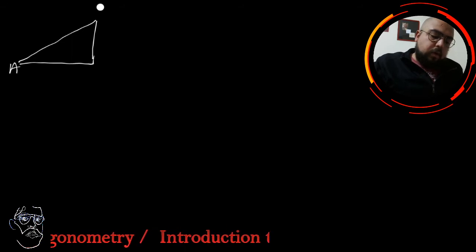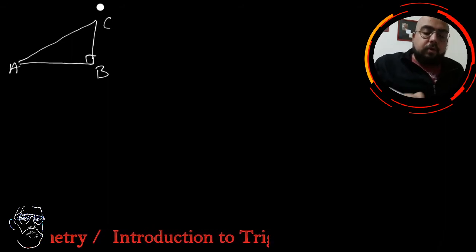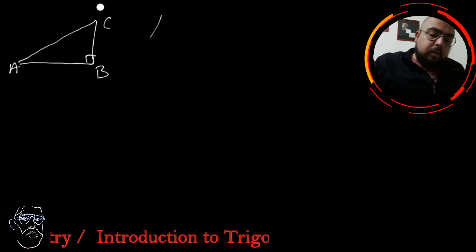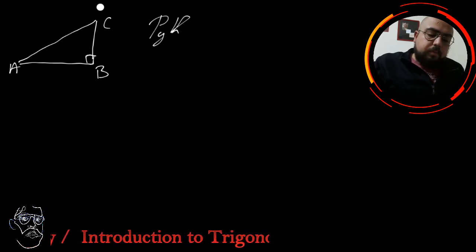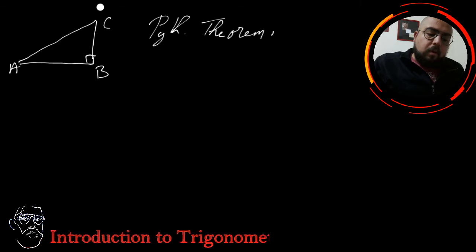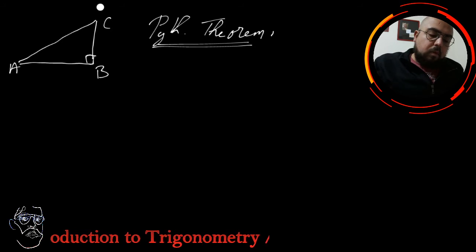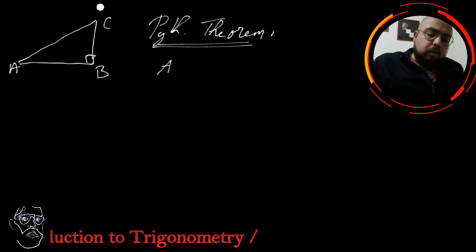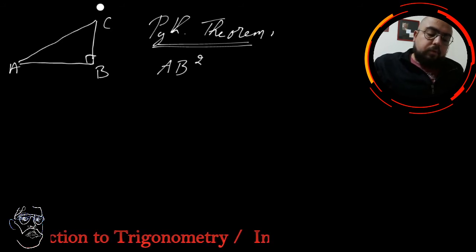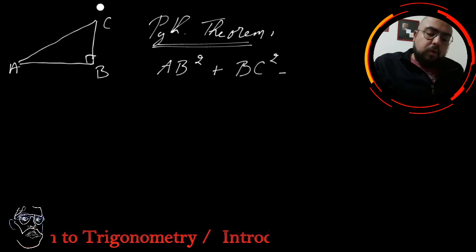So we have a triangle ABC, and we're going to use the Pythagorean Theorem. From the Pythagorean Theorem, we can deduce that AB to the power of 2 plus BC to the power of 2 is actually equal to the hypotenuse to the power of 2.